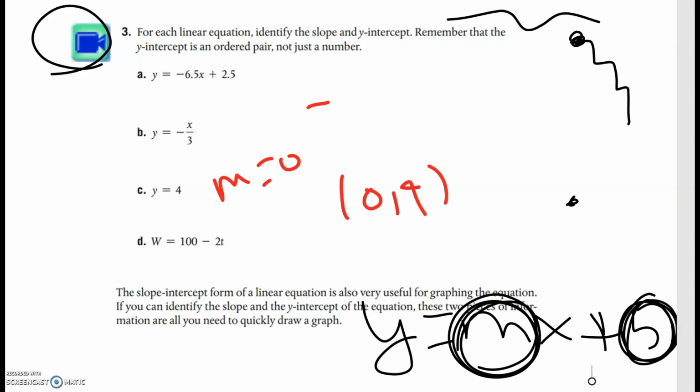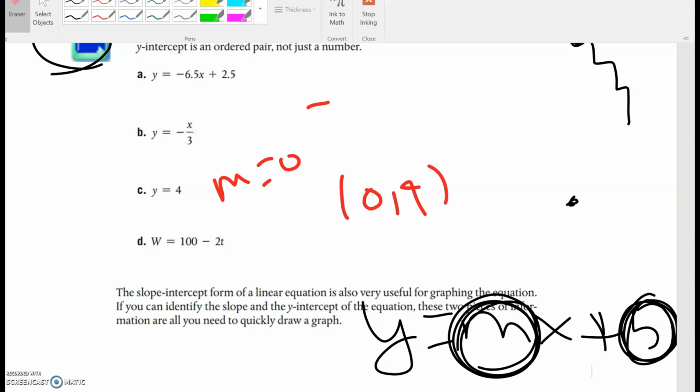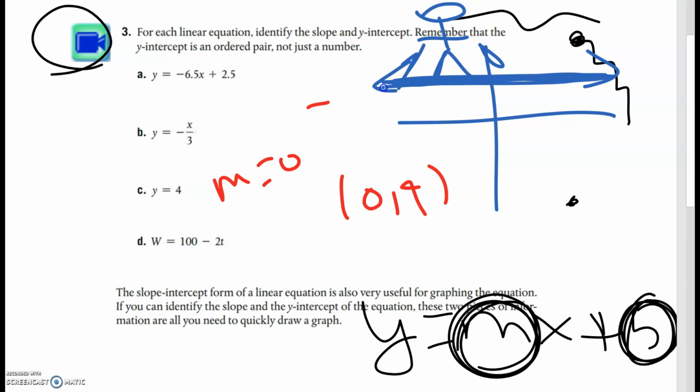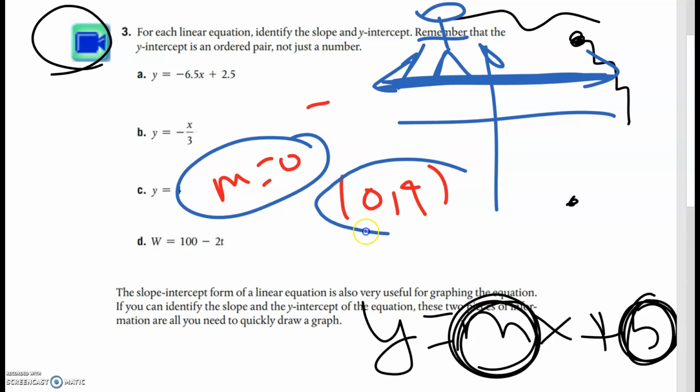So if I have an XY axis here, Y is stuck at 4, so it's right here. So if you think of your skier, right, can they ski? Yeah, cross country, it's kind of boring, but they can ski. So it has a slope, the slope is 0. And we have a y-intercept, it crosses at 4, but we're just kind of stuck there. So that would be a horizontal line.